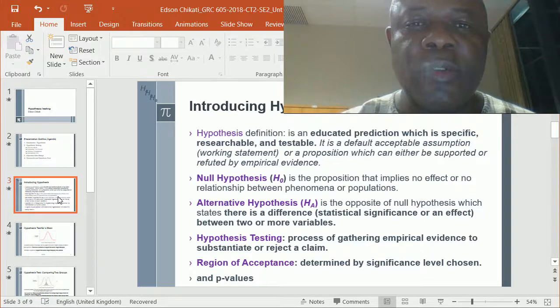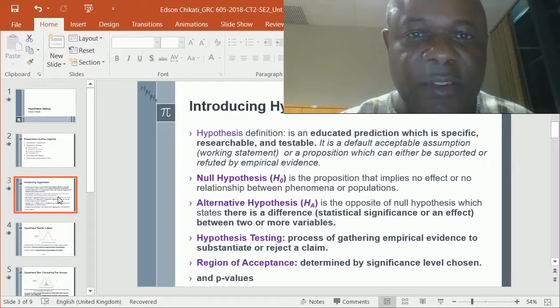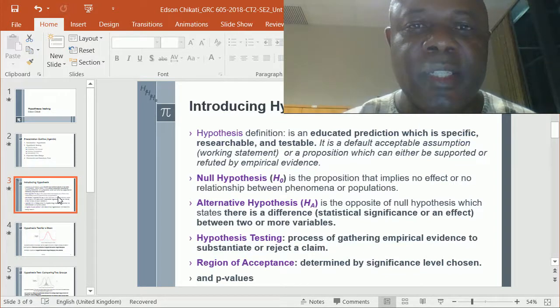It is the opposite of the null hypothesis, which states that there is a difference. This difference is called statistical significance, or an effect between two or more variables being studied. These two concepts co-vary.